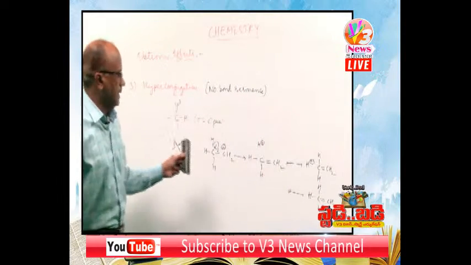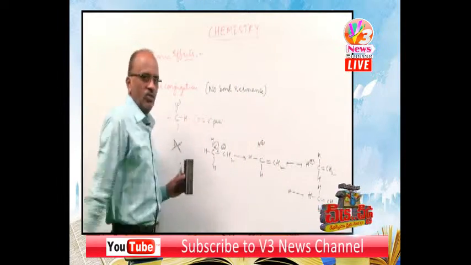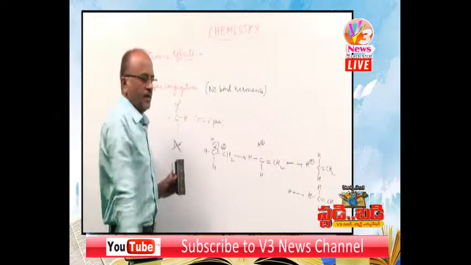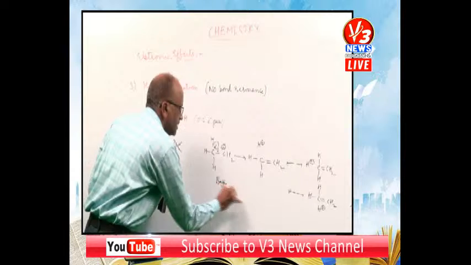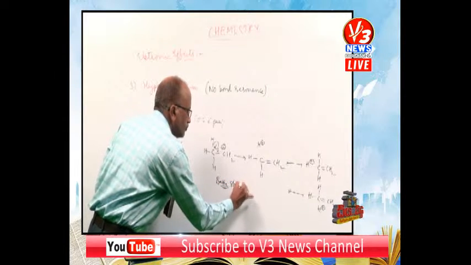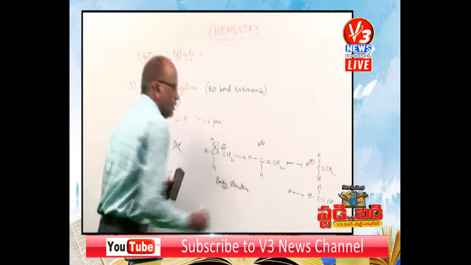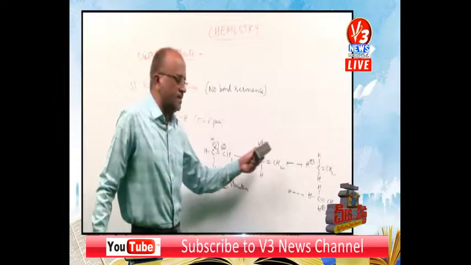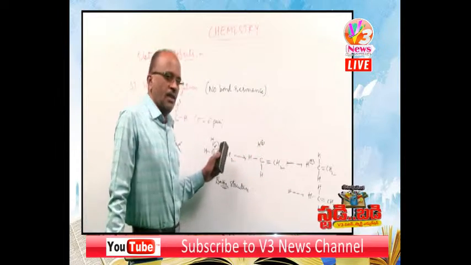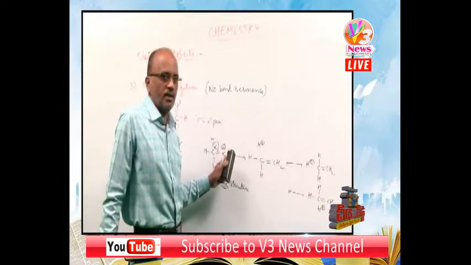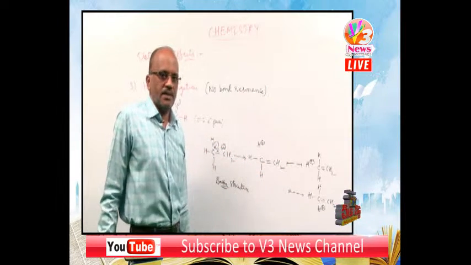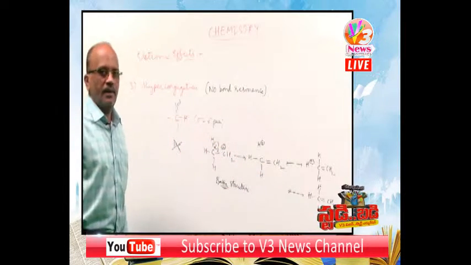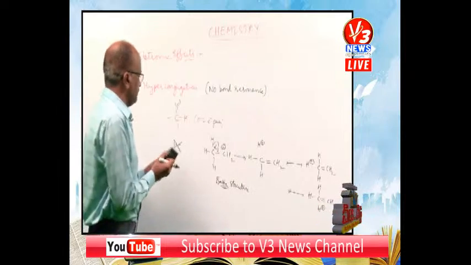Now if you see here, 3 alpha hydrogens, 3 hyperconjugative structures plus 1 basic structure. This is called the basic structure. The number of hyperconjugative structures is 3. The total number of structures is 4: the basic structure and 3 hyperconjugative structures like this.